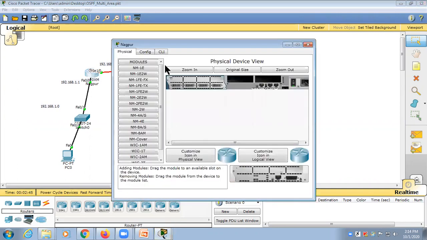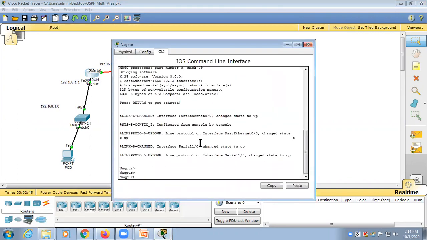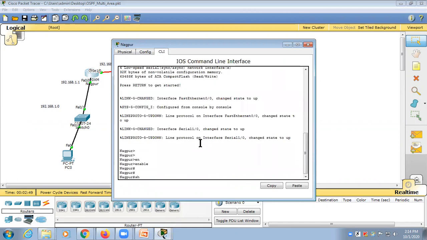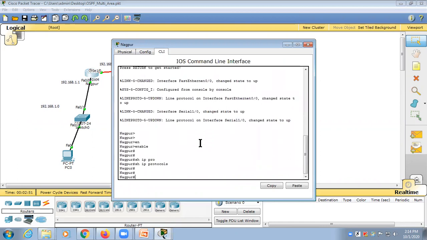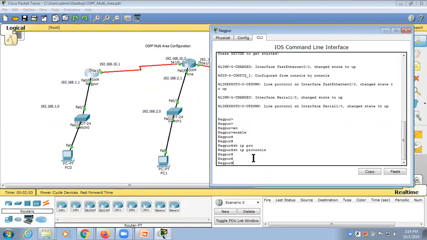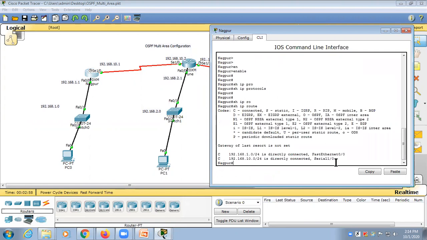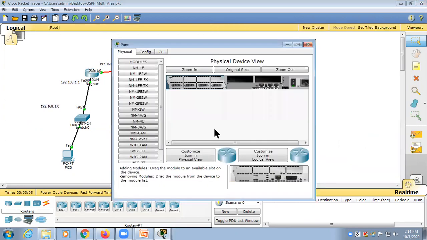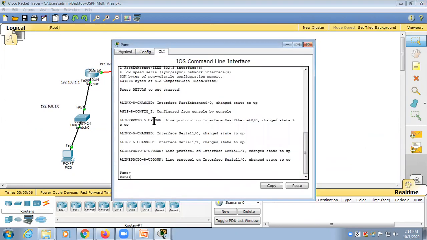Okay, so first of all, go to the router and check whether any protocol is set. Type the show ip protocols command. It shows no result, which means no protocol has been set. Then type another command, show ip route, and check how many routes are available. There are only 2 routes in the Nagpur router, 1.0 and 10.0, guys. Go to the Pune router and check the scenario.